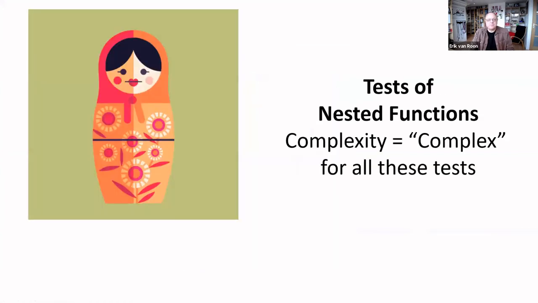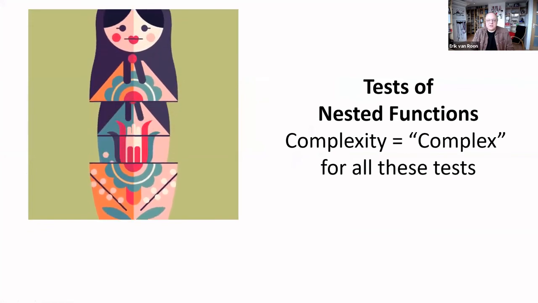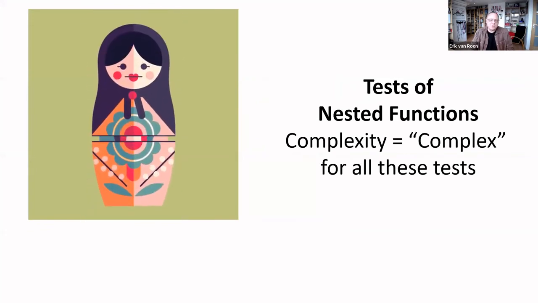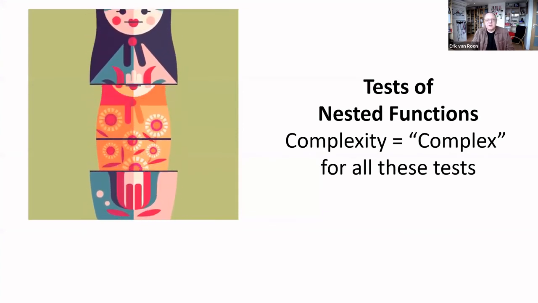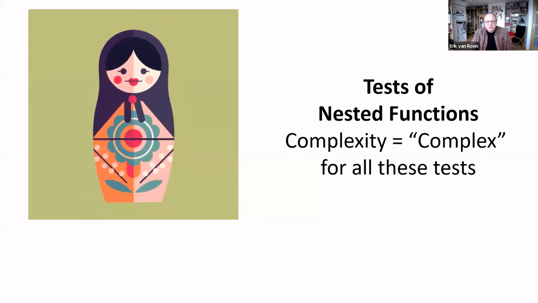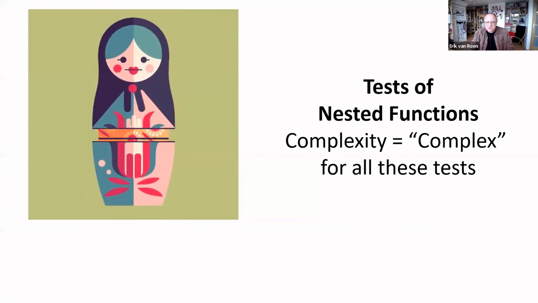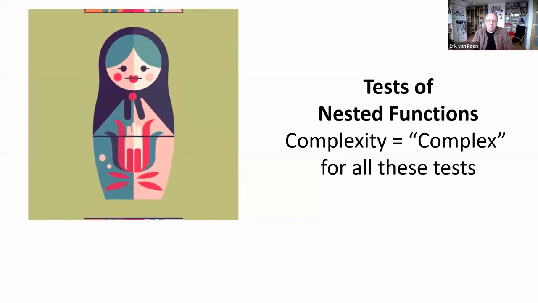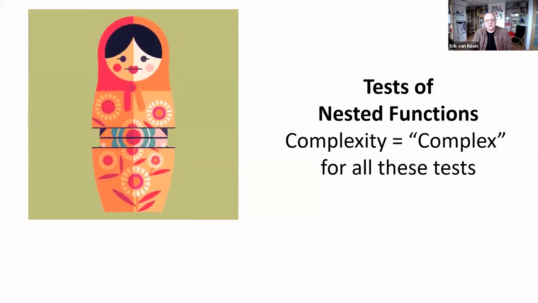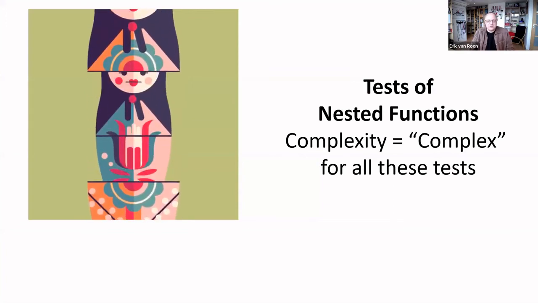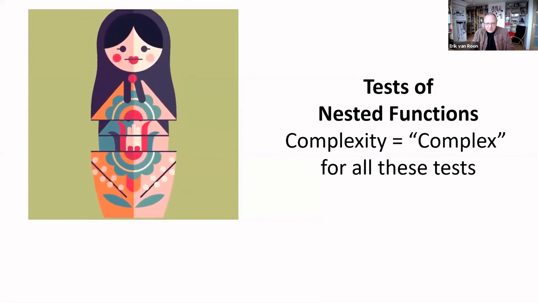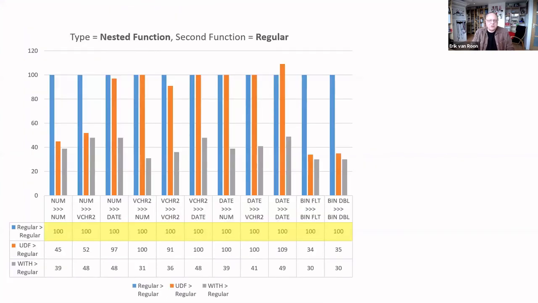So let's go to a nested function. So now we have a function that will call another function. These results are only from complex functions, because as we have seen that no-op and simple or complex, there's no real difference there. So I will just show you the complex ones here. And then these are the results.